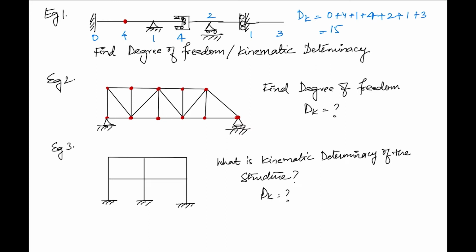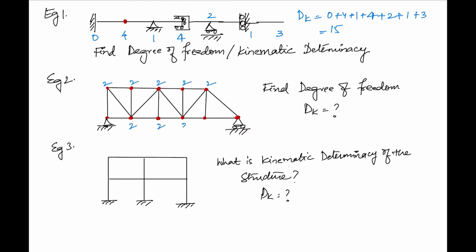Now we'll go to another example. This is a different type of example. If you remember the first point on the previous slide, for each joint the degree of freedom is 2. The number of joints here is 1 2 3 4 5 6 7 8 9 10, or you can just name them 1 2 3 4 5.